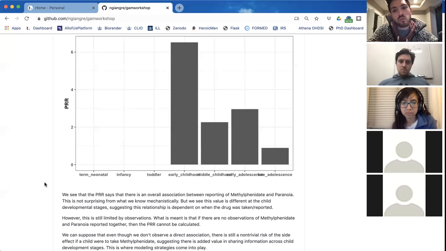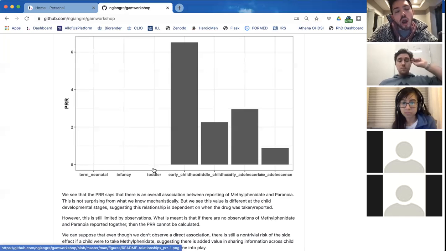But if there are no observations, you have nothing to compute, especially at the stages like terminal, natal, infancy and toddler. I'm sure there would be a risk if a child at these stages did take methamphetamine. It'd be really bad, probably.